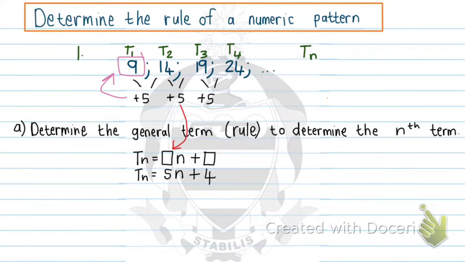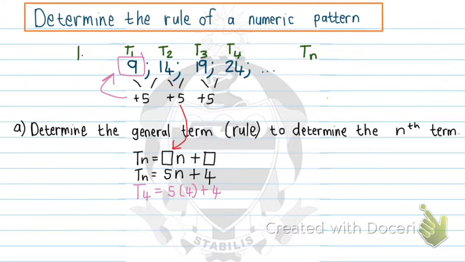That is the rule. Let's test that quickly. If I put any number in the place of n, then I should get the correct answer for that term. So let's try term 4. Term 4 is equal to 5 times 4 plus 4.